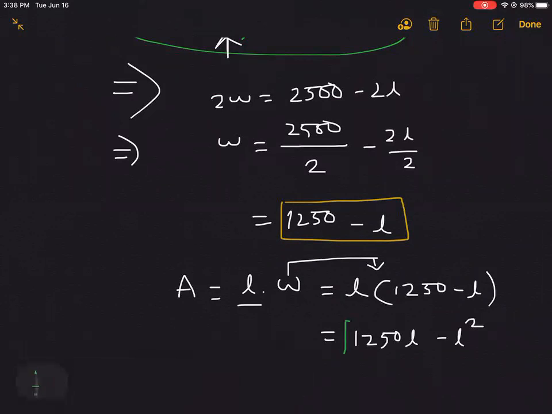Now it's only a single variable function of L, and also it's a quadratic function, which we wanted because we are trying to use our concept for the quadratic function in this chapter. So this is indeed a quadratic function.